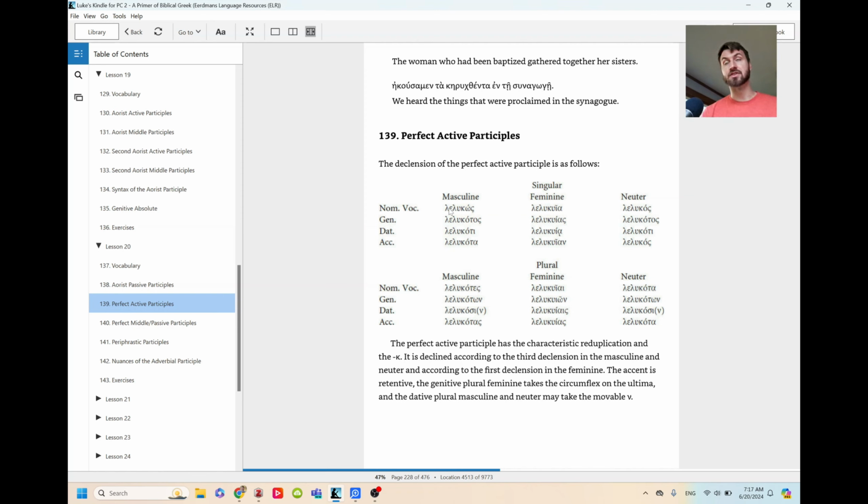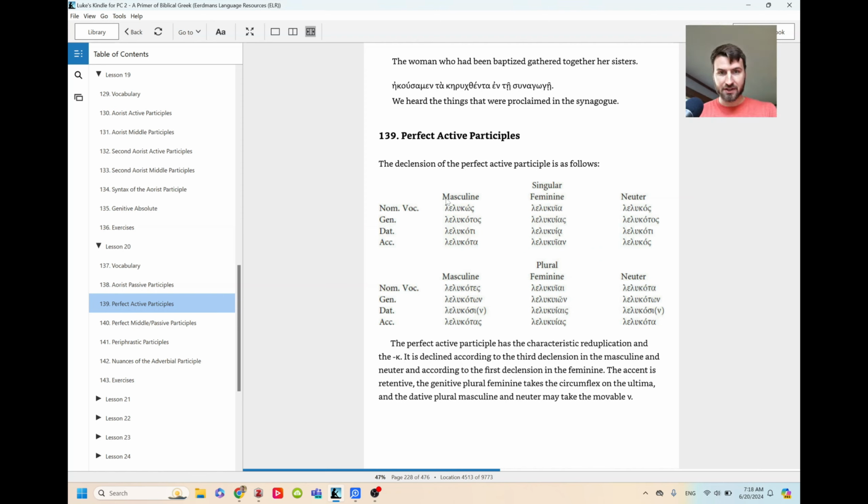And if you remember, some reduplications often look like an augment. So if you have a participle that looks like it has an augment, it's probably a reduplication, because participles can't have augments.